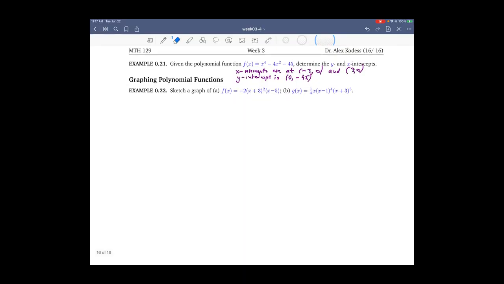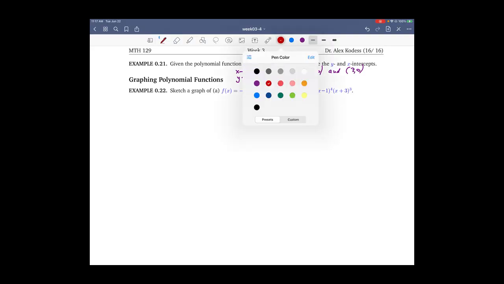And in the last example, we need to sketch, without using Desmos, obviously, the graphs of these two polynomial functions. It won't be an exact graph, only a sketch.